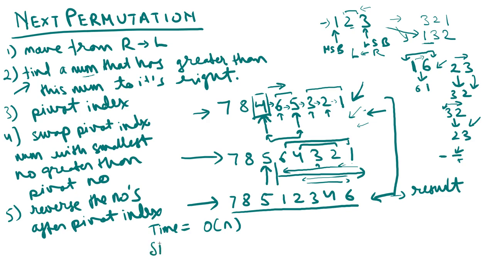And as far as space complexity is concerned, it is again constant space, because we did not take any new array to do this calculation, and we just swapped our values by using a temporary variable, which is a normal way to swap the numbers. So in this case, our space complexity is O(1).